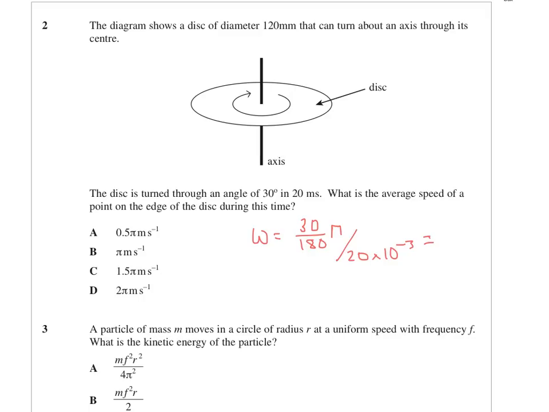So 30 divided by 180 times pi, divided by 20 times 10 to the minus 3, gives us 25 over 3 pi. And velocity is r omega. The radius is 60 millimeters, so that's times 60 times 10 to the power of minus 3, which gives you pi over 2, which is option A.